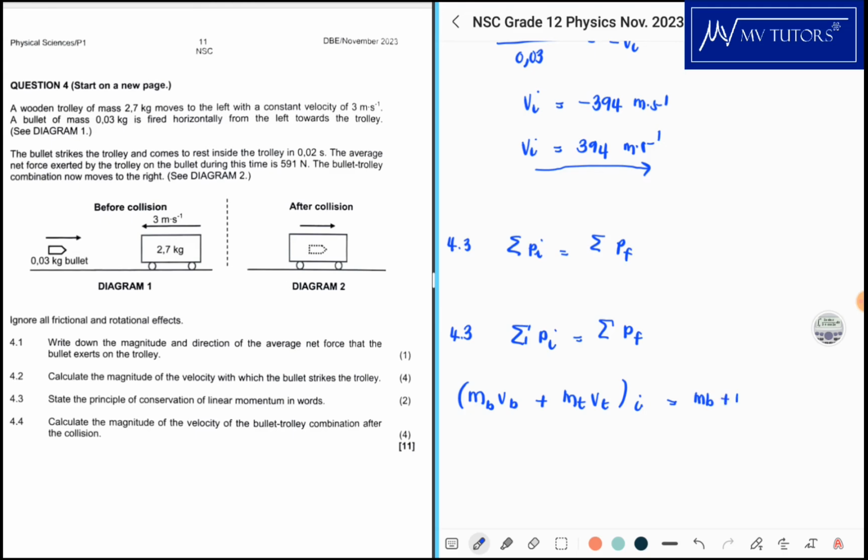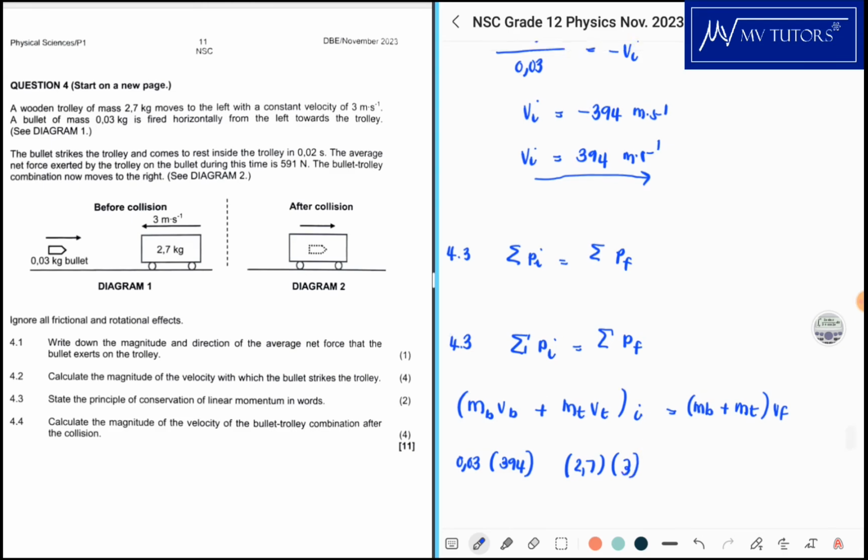So mass of the bullet and the mass of the trolley, and we're multiplying that by the final velocity. Okay, so what's the mass of the bullet? It is 0.03, and the velocity, we calculated it as 394. The mass of the trolley is 2.7 kilogram, and its velocity was 3.